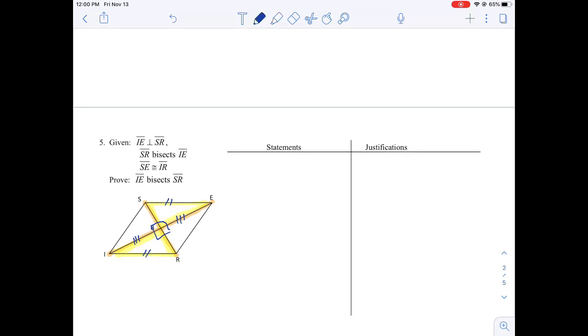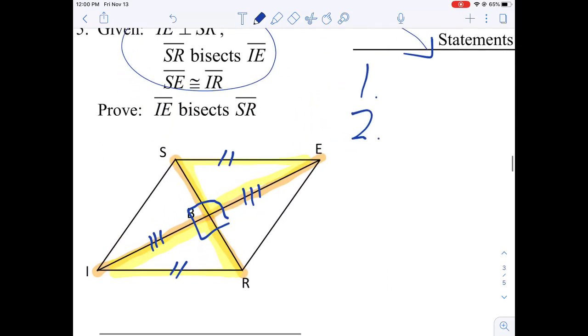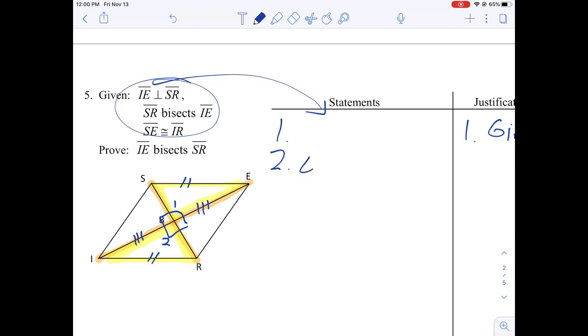Okay, so let's write this in. We can use an arrow for the givens to save us some time. And then let's see what we can state. We can definitely state that these angles here, 1 and 2, are right angles because of perpendicular.